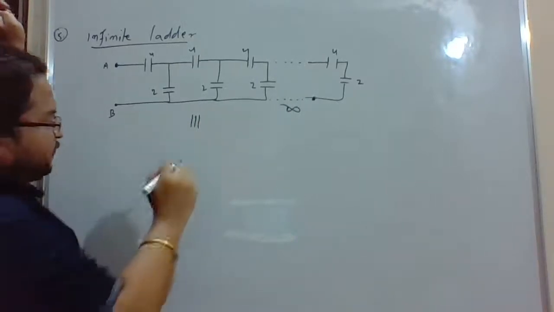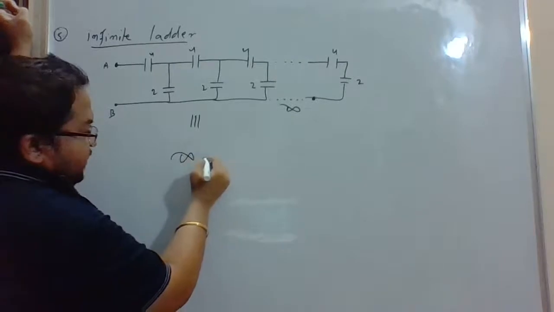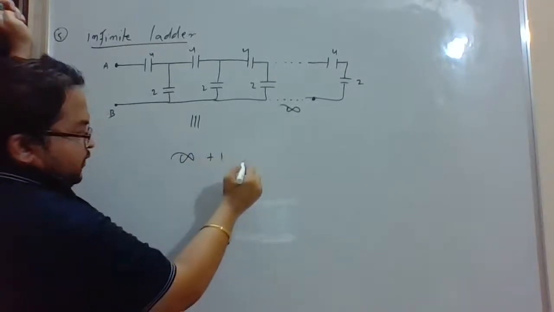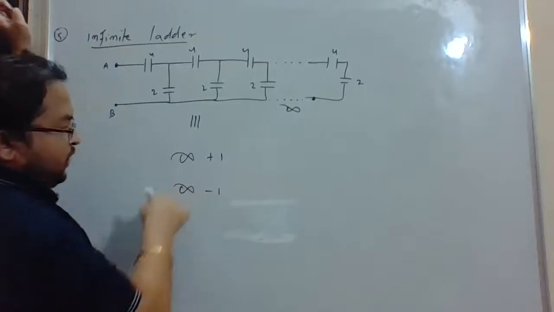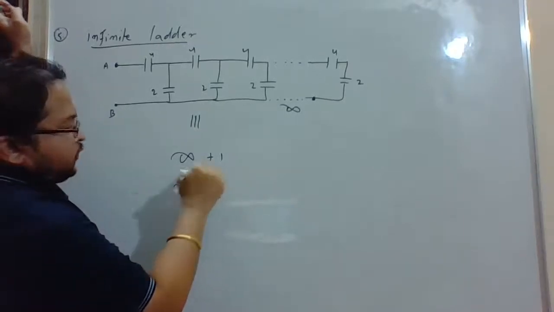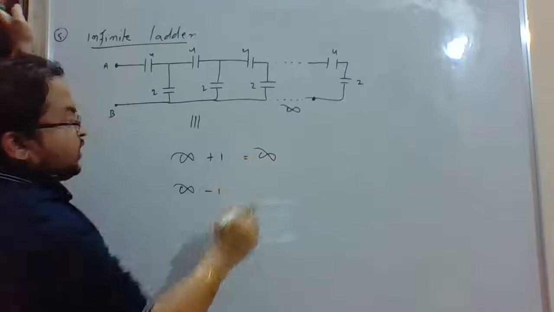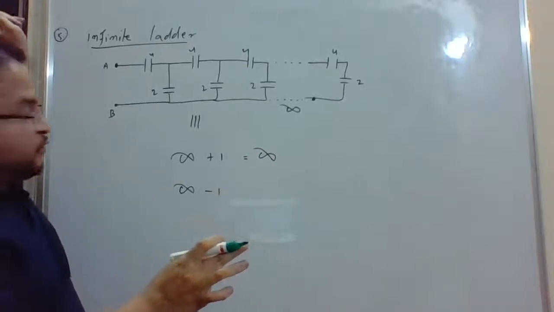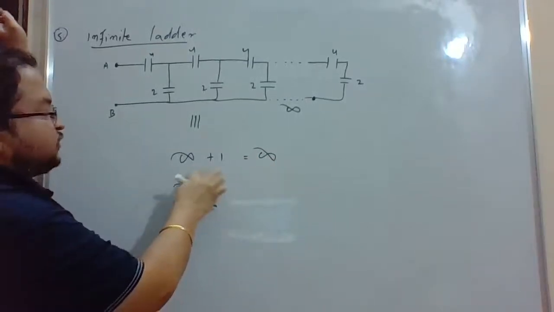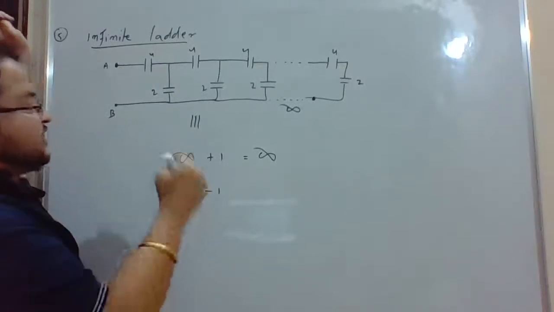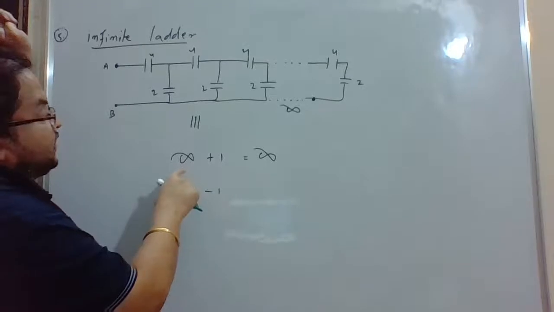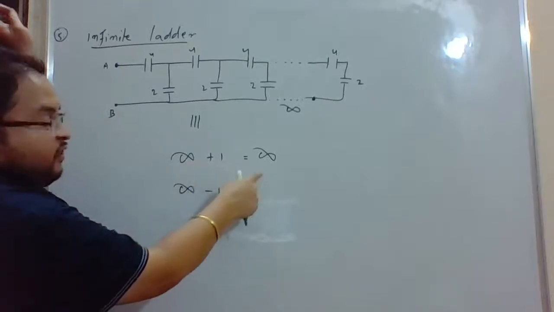Now tell me students, infinite plus 1, infinite minus 1. Can I say that infinite plus 1 equals infinite? I know that in absolute mathematics, all these operations with infinity are undefined. But if you say limit x tends to infinity, then I can say infinite plus 1 is infinite, right?